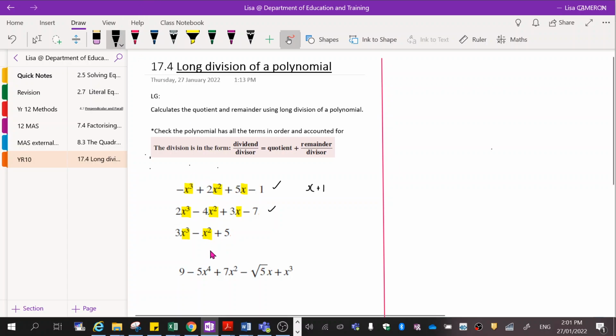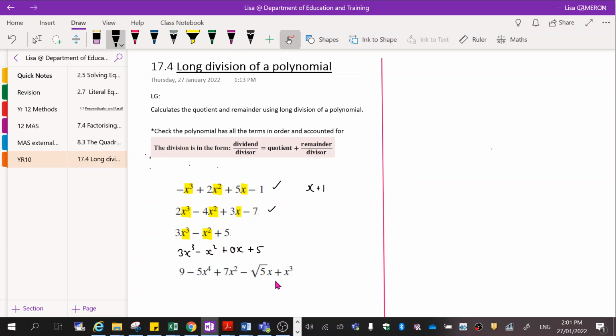So if I was going to do long division of a polynomial with this expression, what I would need to write is 3x cubed minus x squared plus 0x plus 5. I still need to show that term in order to make everything line up and make sense. So this is the one that we would use, not this one.